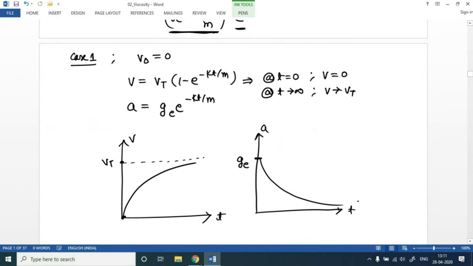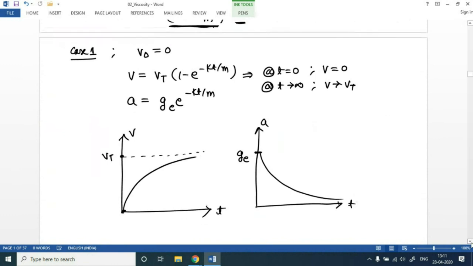That means the net force acting on the body will become 0, so it will continue to move with that constant velocity, and that velocity is known as terminal velocity, the expression for which we have already looked into. So this is the simplest case we had.